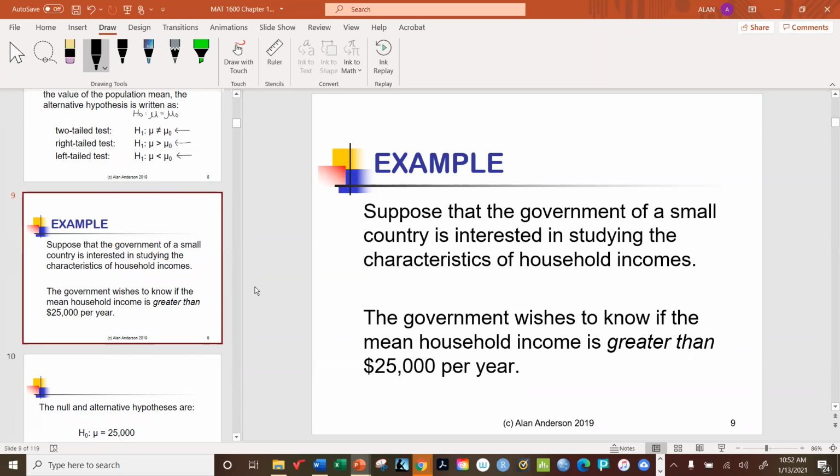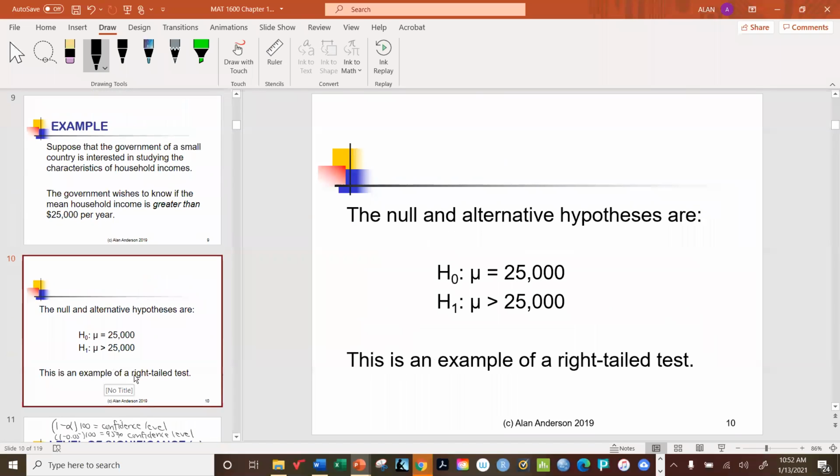And they need to know if the mean is greater than $25,000 per year. Let's just say that they're thinking about raising taxes, but they're not going to do it unless the income is higher than $25,000. If it's less, then they won't do anything. So the way they would write this test is the null would be that the mean is 25,000. And the alternative is that it would be greater than 25,000.